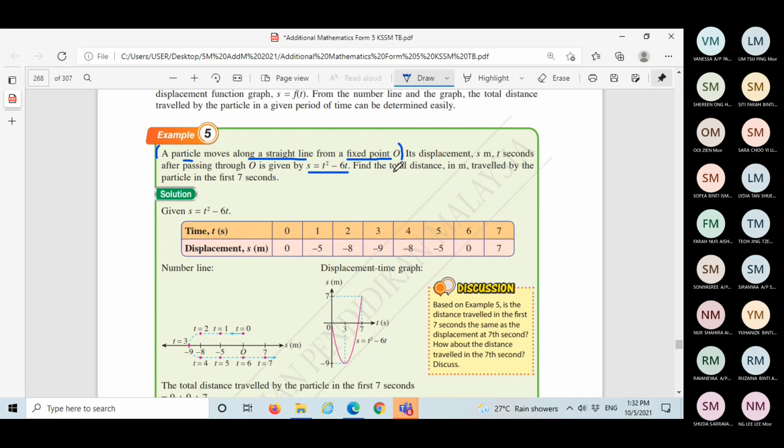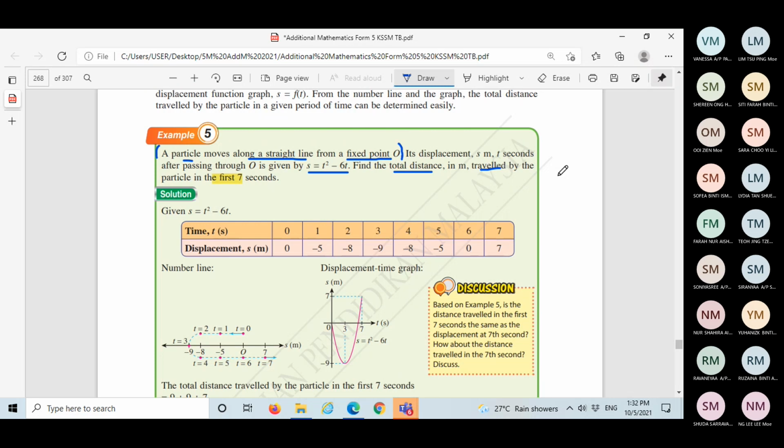Find the total distance. Always the question will ask this type of question, so be careful with the displacement. This is distance: the total distance traveled by the particle in the first 7 seconds. Why do I highlight the first? I will tell you why later.